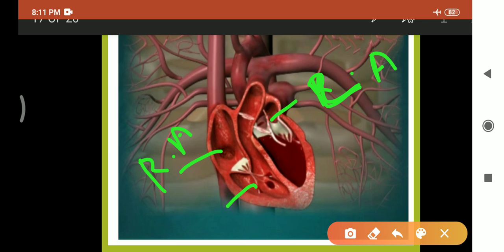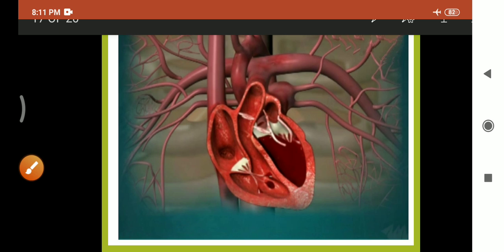Similarly, both the right and left ventricles contract and expand at the same time. That is the right ventricle and the left ventricle expanding and contracting at the same time. So for the understanding, we are studying it one by one, right?